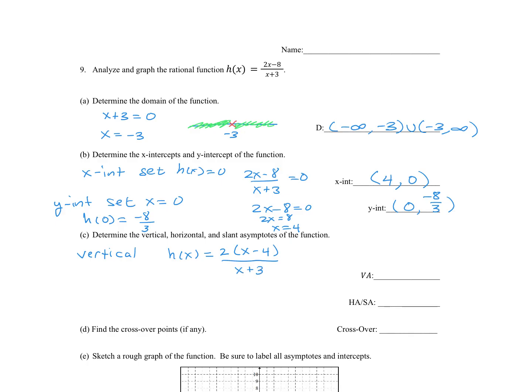Nothing cancels, so that x plus 3 sitting down below tells me that x plus 3 equals 0 is my vertical asymptote. So x is negative 3. You will notice that that's the same thing as the exclusion in our domain. All right, now let's take a look at horizontal asymptotes. We look at degrees.